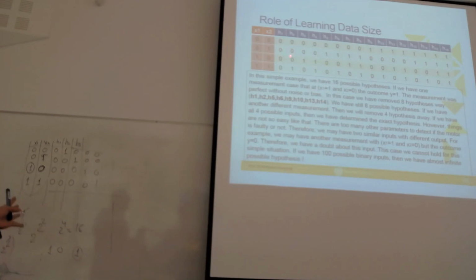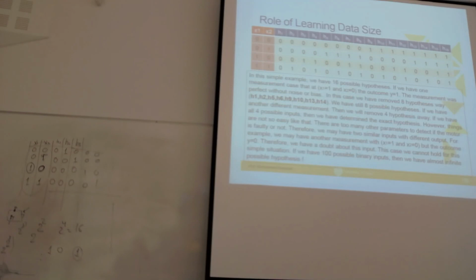We cancel hypothesis 2. We cancel hypothesis 3, we cancel hypothesis 4, and then we take the possible hypotheses, either 5 or 6 or 7 or 8. Those also are cancelled, and it can also be 13 or 14 or 15 or 16. Then instead of 16 possible hypotheses, by using one measurement, we reduce the possible hypotheses to 8.